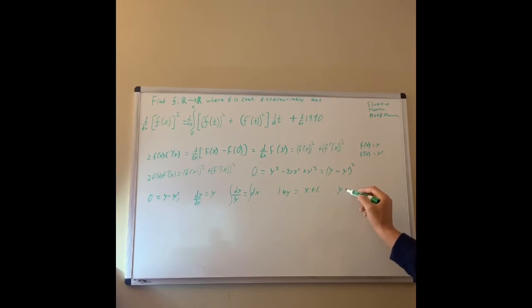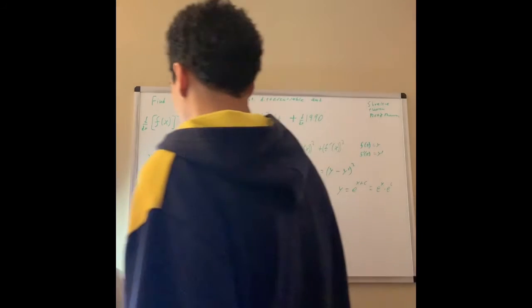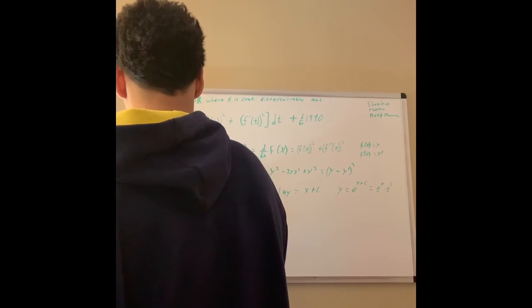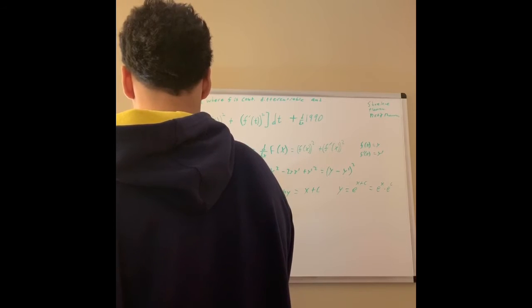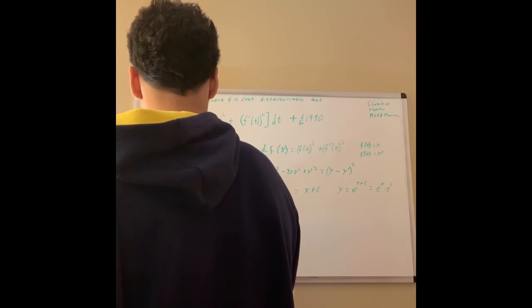We're gonna get y = e^(x+c), and by the exponent rules, we're going to get e^x times e^c, and we can rename this e^c as a different constant. We'll just call it c again. It doesn't really matter. And we're going to bring it to the front, so we are going to get that y = f(x) = c times e^x.